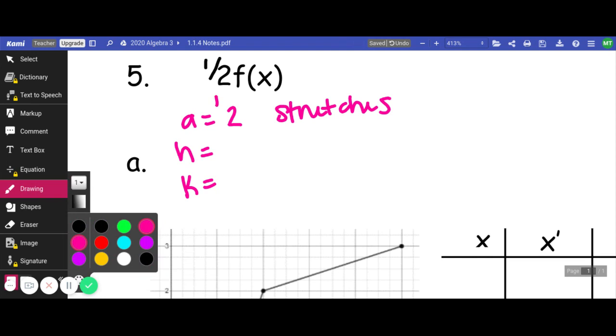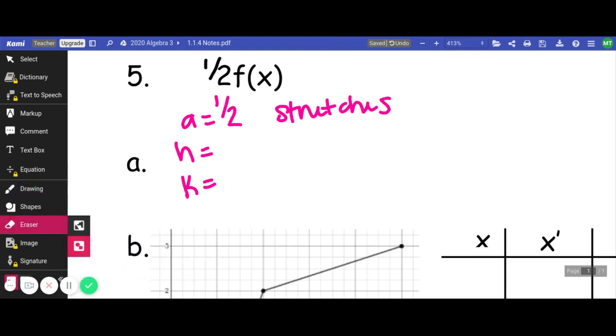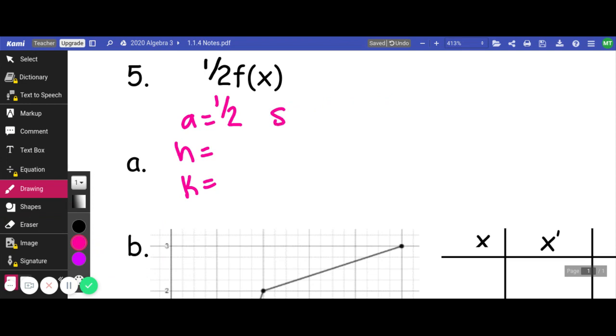So then it will fit on the graph. So instead of stretches, it is going to shrink. We can just say none.